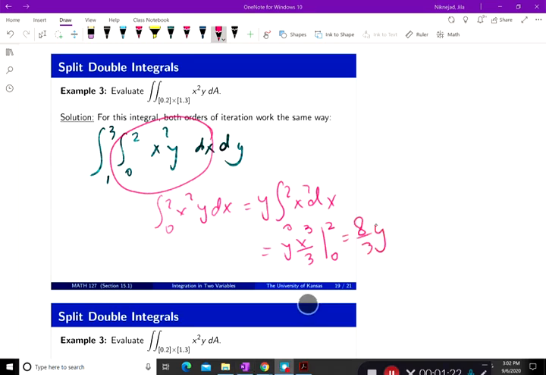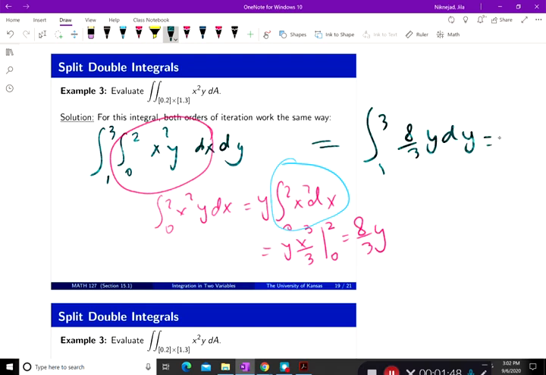Notice the 1/3 is just this integral, the integral of x squared dx from 0 to 2. Then you put that back in and rewrite it as the integral from 1 to 3 of 1/3 of y dy.